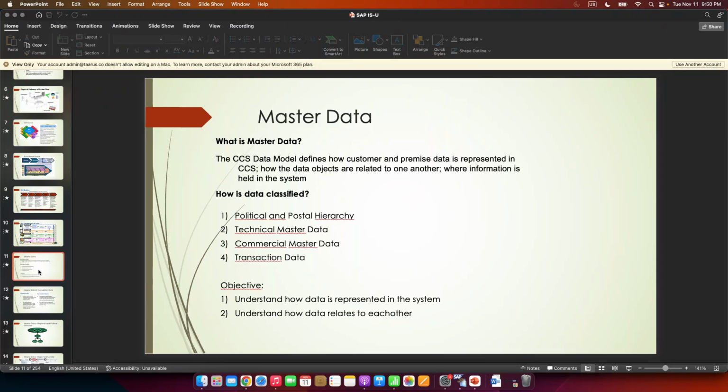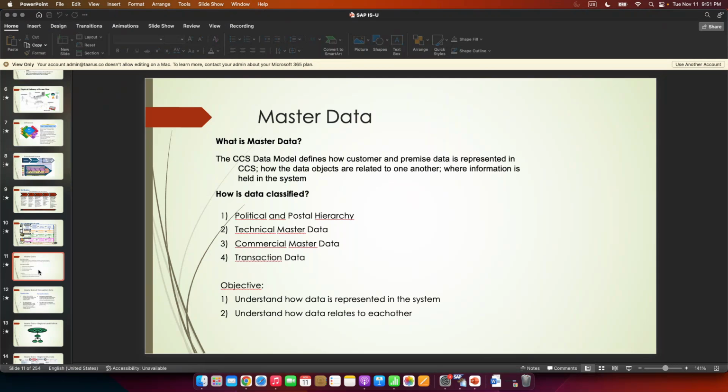Second is called transactional data. With transactional data, the day-to-day activities of the business users are maintained or tracked as transactional data. Same example, if I take utilities, every module has its own business processes and its own day in, day out data flow.